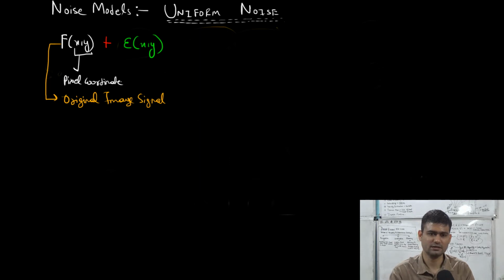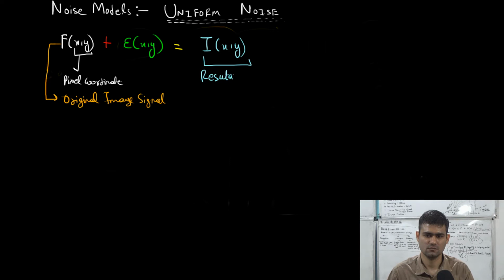So after adding the noise, we get our image I of x comma y. So I of x comma y is our resultant image after the addition of the noise.